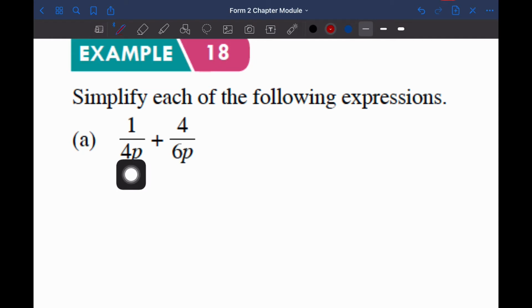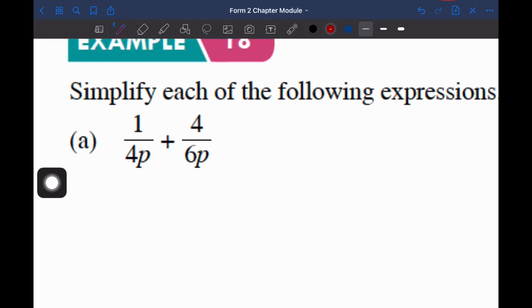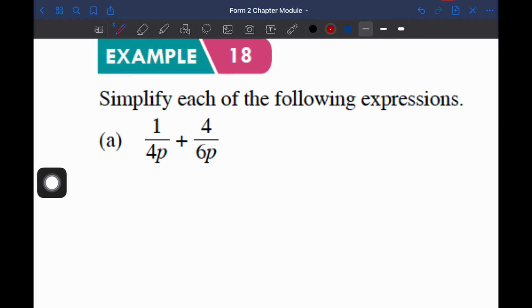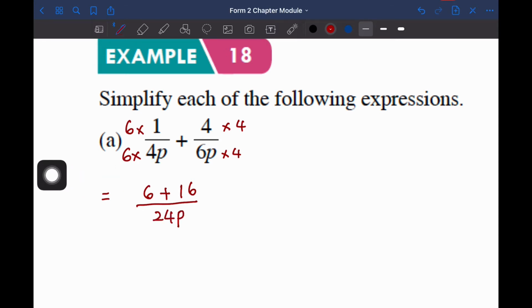Kita P dengan P sama, tak ada masalah. So 4 kita darab 6, 6 darab 4. Ni saya tunjuk first cara dulu. So this one we times with 6, times 4 times 4. So we will get 6 plus 4 times 4, 16, over 6 times 4, 24p.